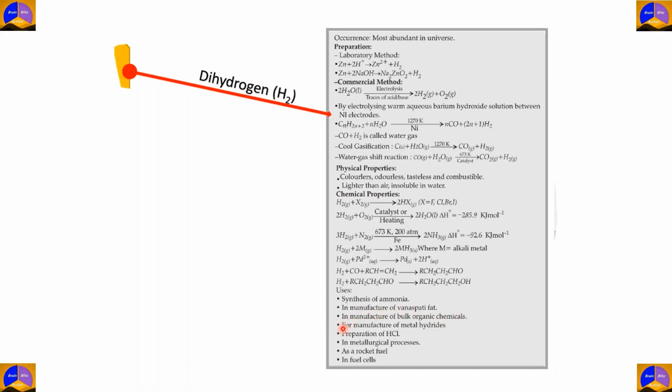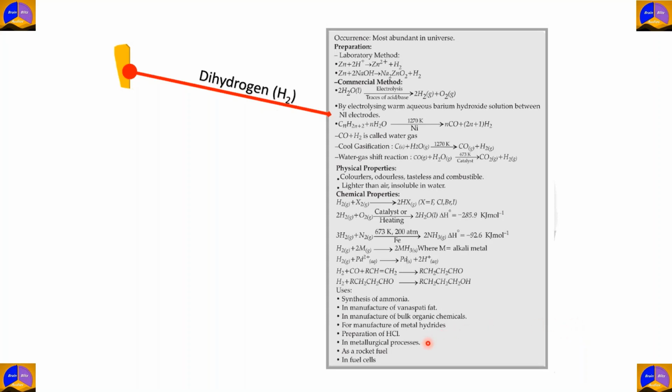The fourth use of dihydrogen is for the manufacture of metal hydrides, such as NaH. The fifth use of dihydrogen is for the preparation of HCl. Hydrogen chloride can be converted to hydrochloric acid in its aqueous form, and it's been very useful in our school labs and in factories in general.